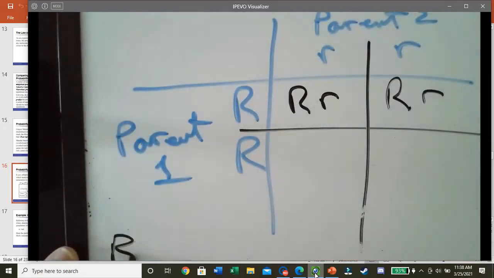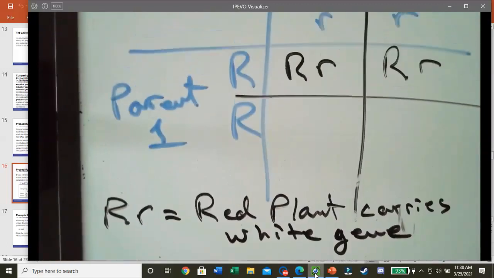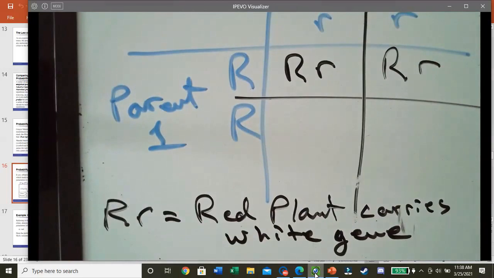So uppercase and lowercase is a red plant but it carries a white gene. It's still red, but it carries a white gene.